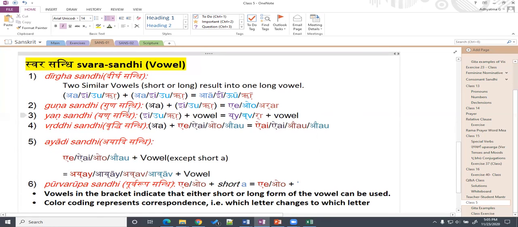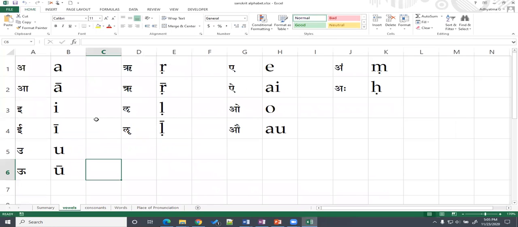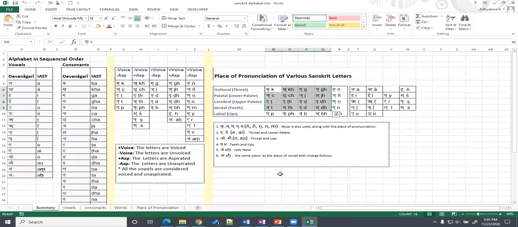In order to understand Sandhi better, you must have a very good knowledge of the Sanskrit alphabet. And here is the alphabet. You have this file in the repository, and these are the vowels.